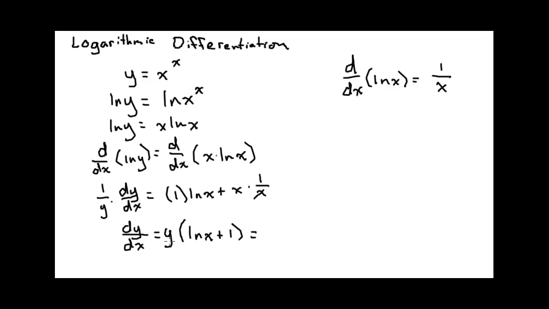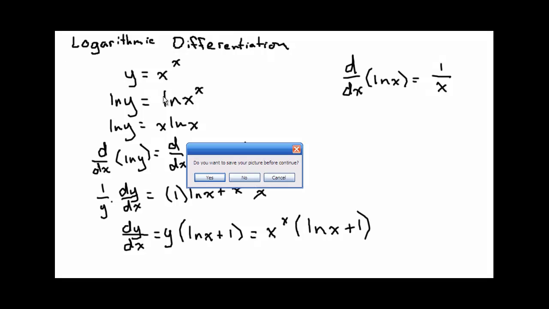So we're going to change y to x to the x, because y is equal to x to the x. And that way, we'll just have x's in our answer. Okay. So that's the derivative of x to the x. And that's an example of using logarithmic differentiation.